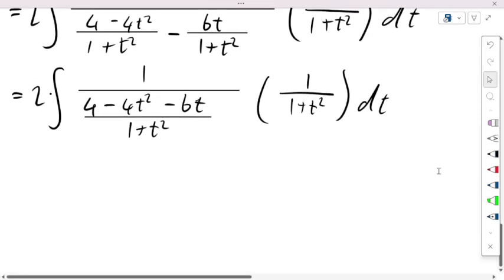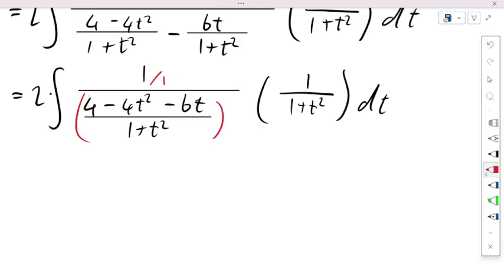And then here, what can we actually do from here? Well, we actually have 1 divided by 1 in the numerator, all divided by the main divider over here, by some other fraction. And we can actually flip it such that we can have the following over here.